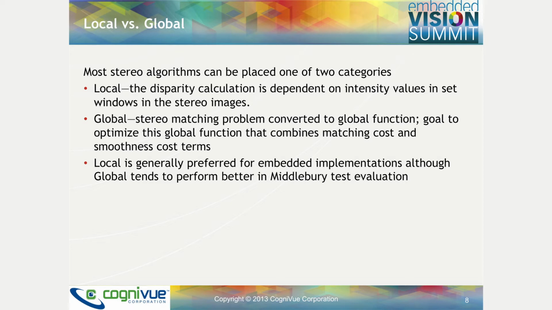Local disparity mapping works with set window sizes around pixels that you're trying to match and the intensity values in those set window sizes. However, one of the things you'll also read in those academic papers is local disparity mapping techniques are typically used for embedded applications because it's a more tractable computer vision problem.